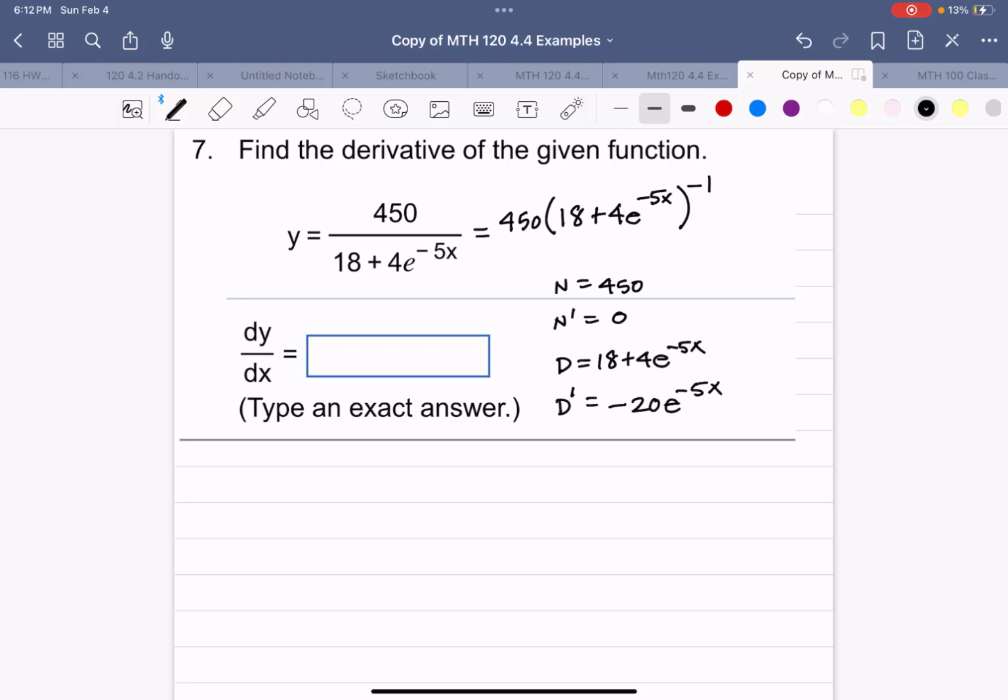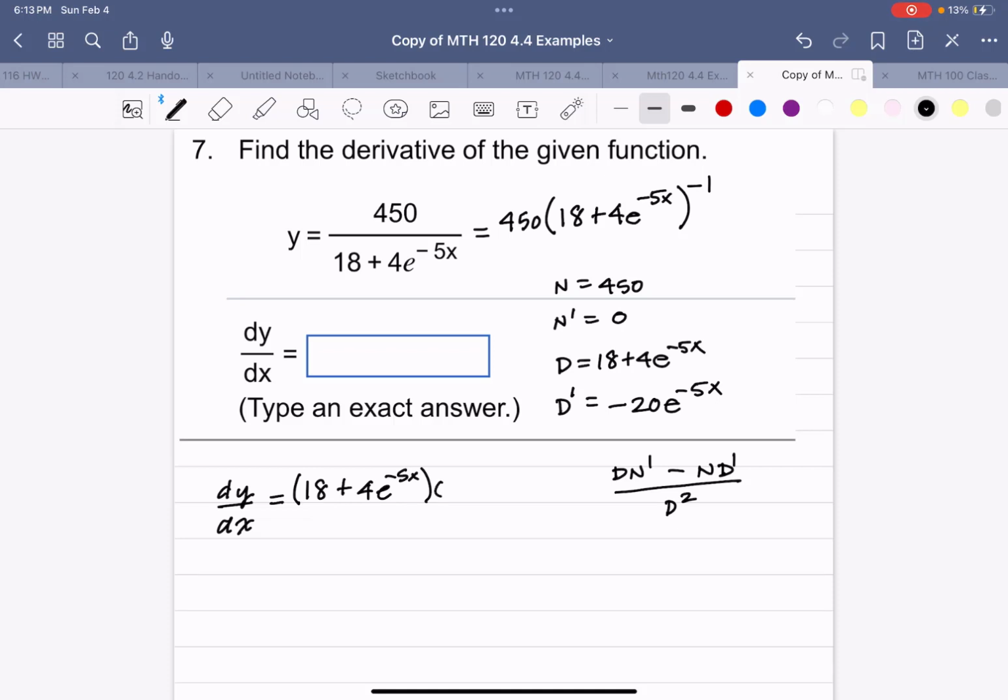That's because it's 4e to the negative 5x times negative 5. So my derivative of y with respect to x is, remember the rule, denominator, numerator prime, numerator, denominator prime, denominator squared. So denominator has more than one term, so I'm going to keep parentheses around it.